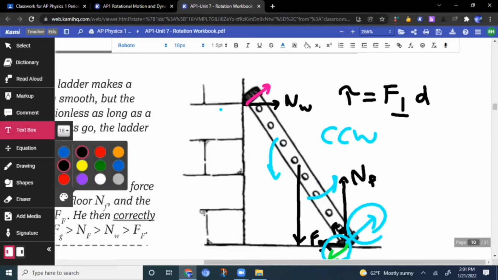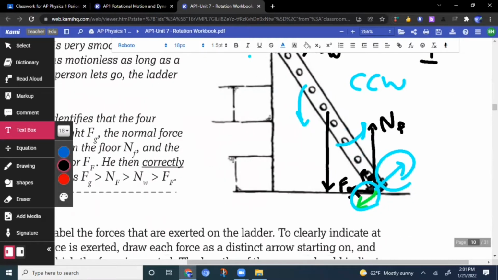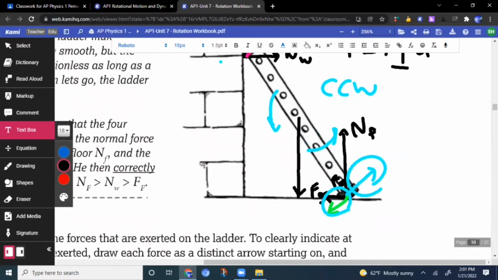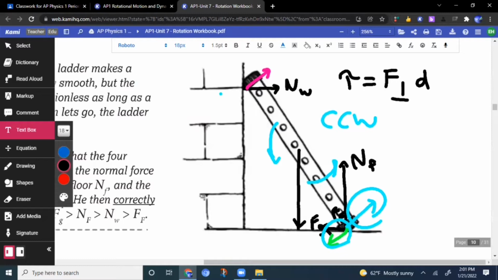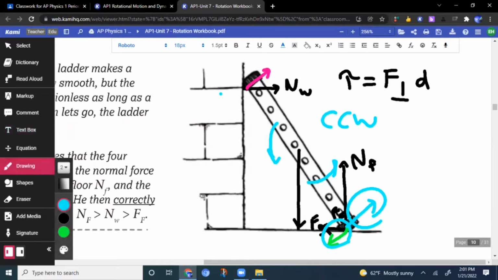This force right here is providing a counterclockwise torque. Isn't this causing counterclockwise rotation?